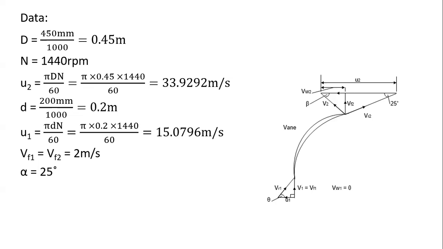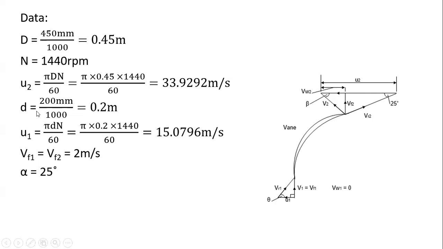We know that the external diameter of the whole impeller is 0.45, meaning that to convert for U2, it's pi D N over 60, because we are converting something like V equals omega R. Moving backwards, this is the shortened version by D N over 60. Where there is D, we put 0.45, and this is 1440, then over 60. Then we get 33.9232.